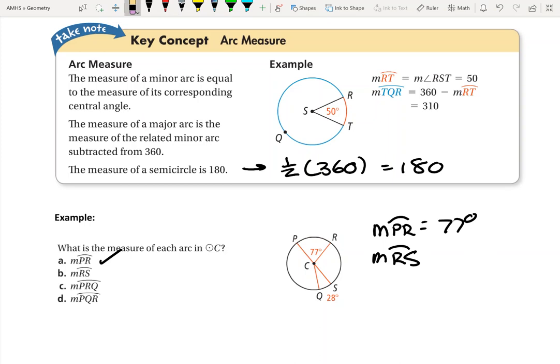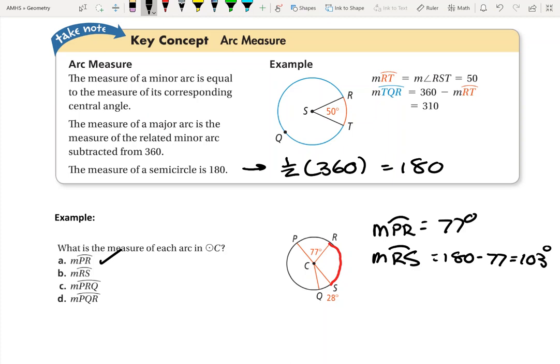So arc RS starts from here and goes to here. But check it out. Arc PS is a semicircle. So I'm going to do 180 minus the 77. And I get 103 degrees.